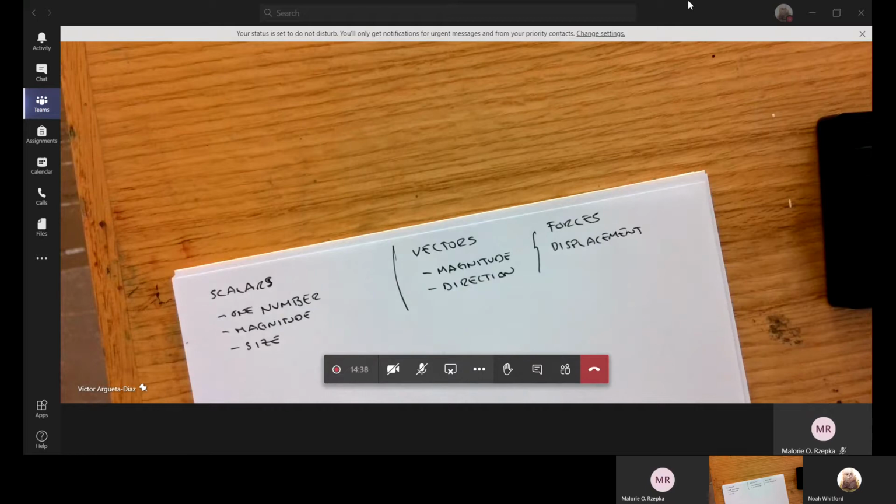Now, displacement is a little bit different than distance, at least in physics.